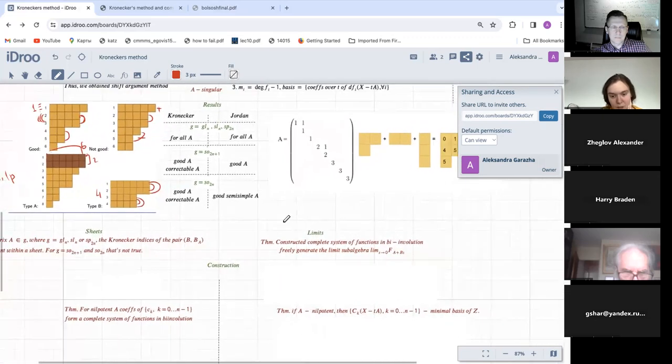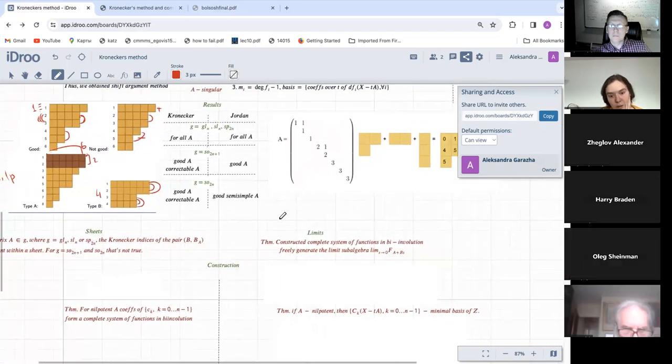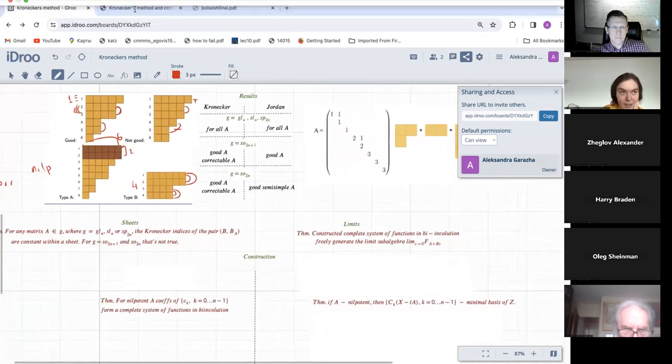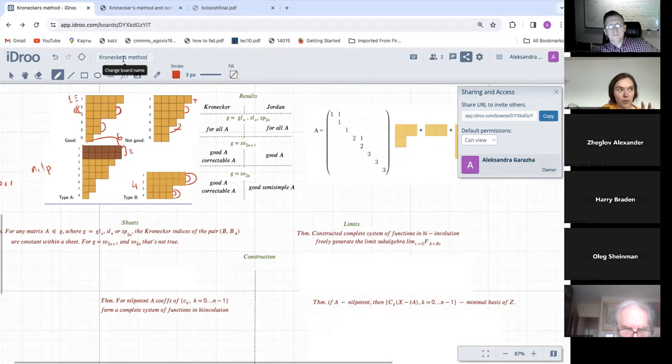Sorry, what is a sheet of a Lie algebra? If we take all the orbits of some dimension and take the union of them, and then we take irreducible components, then these irreducible components are called sheets.